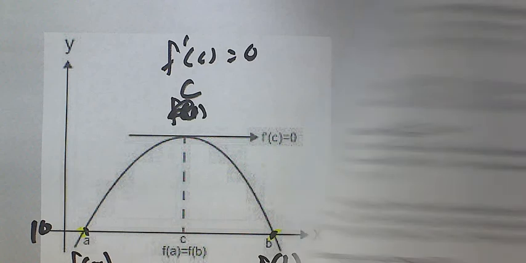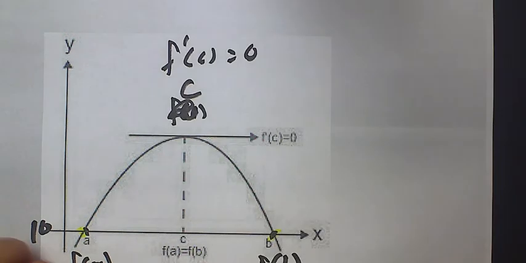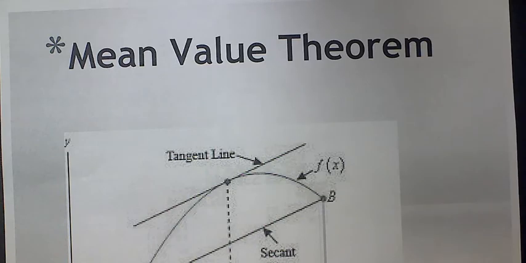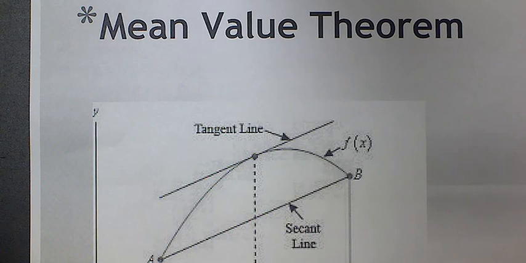So that's Rolle's. Mean value theorem is the same theorem, generalized. So now they don't have to have the same y coordinate.